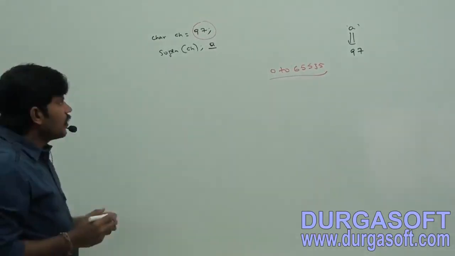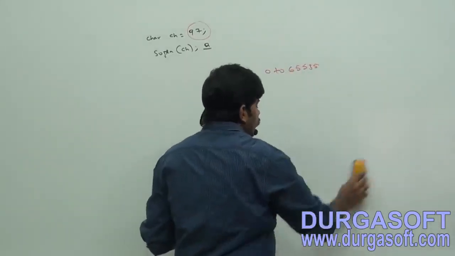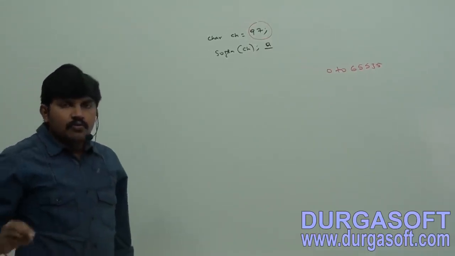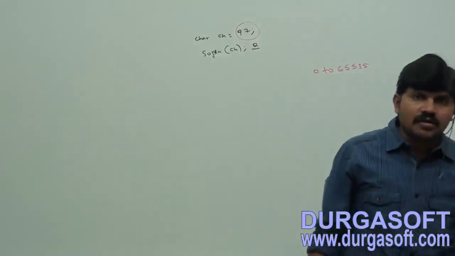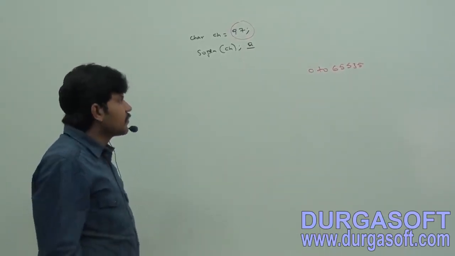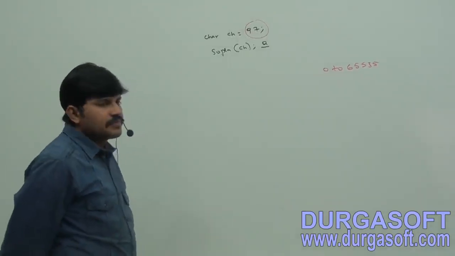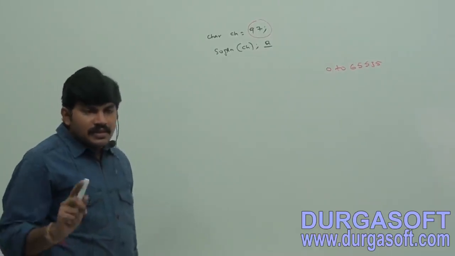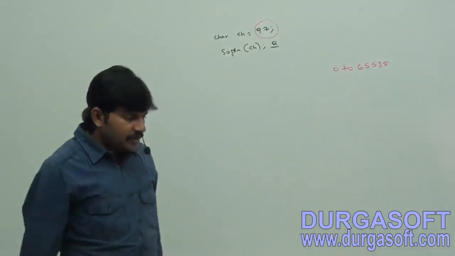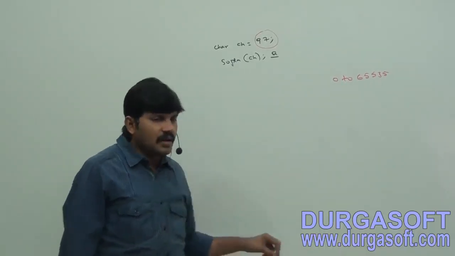Two conditions. We can specify a char literal as an integral literal which represents the Unicode value of the character, and that integral literal can be specified either in decimal or octal or hexadecimal forms.